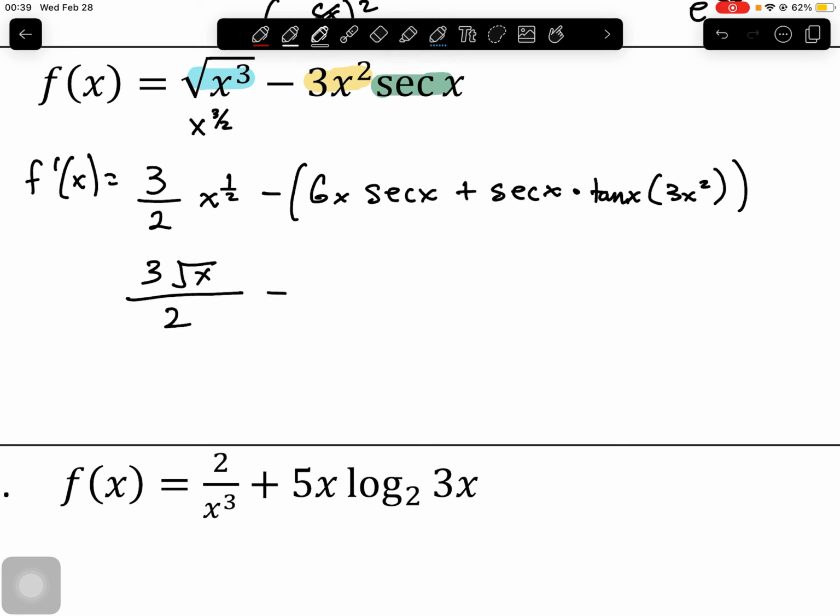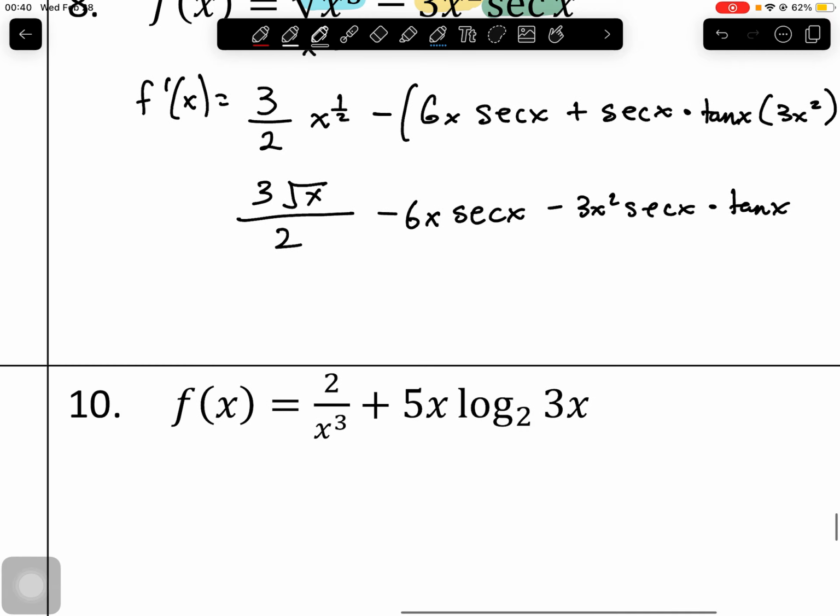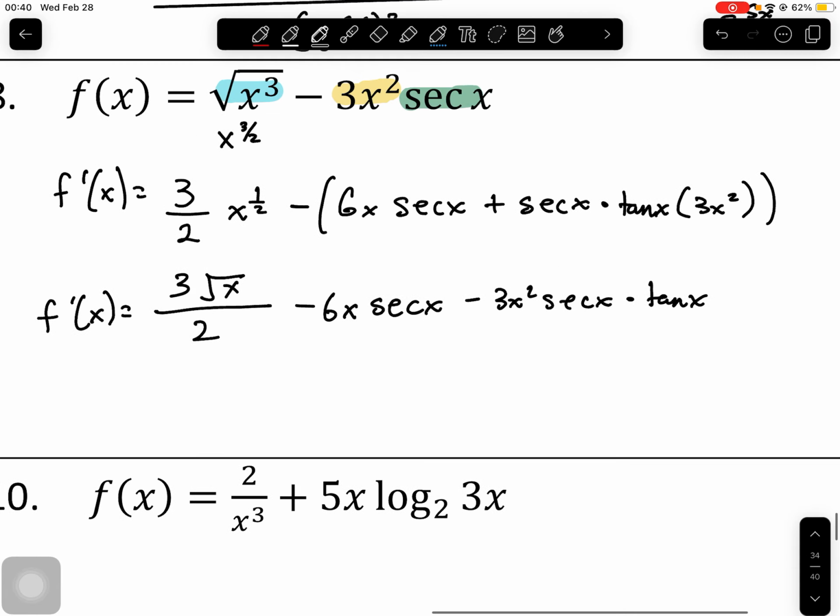Over 2 minus 6x secant x, and it's going to be a subtraction because I got to distribute that negative. So that's going to be secant x. Actually, I'll move the 3x squared to the front. 10x, there we go. And that should be our answer.